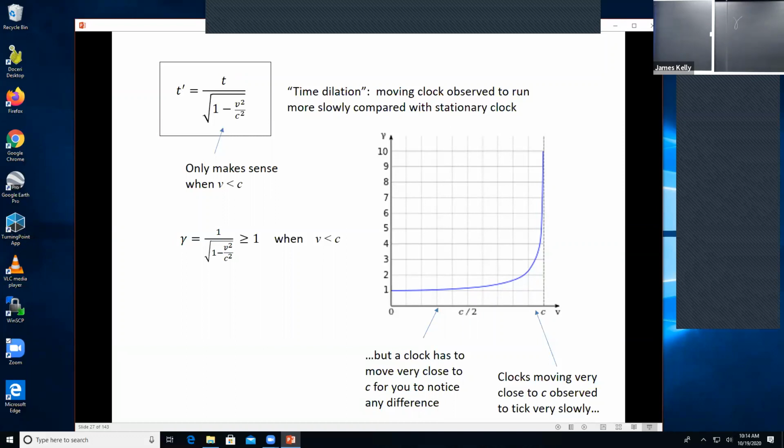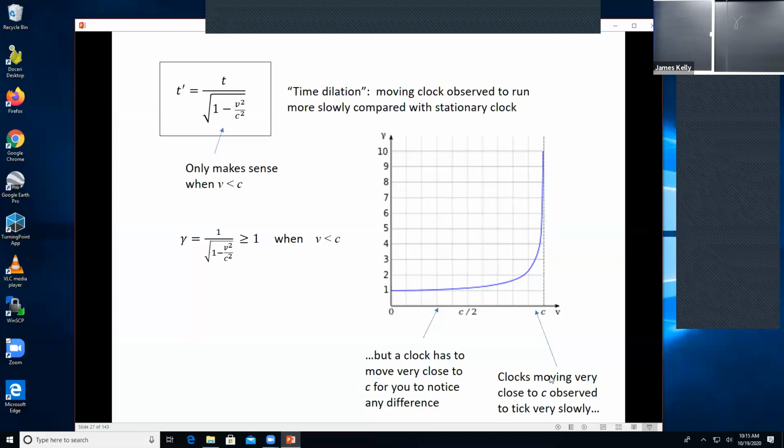That's not true once you start to travel at speeds greater than half the speed of light, certainly. All of a sudden, that factor gamma starts to get really big, and it shoots off up towards infinity as you get close to c. So gamma just gets larger and larger without bound. It can get as big as you want. The ratio of these two tick times can be as big as you like.